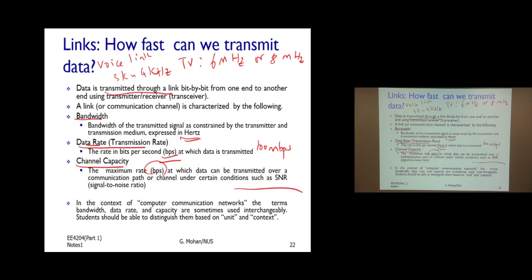Is that fine? Okay. Now, all the three terms are related to each other, because usually when the bandwidth is higher, the transmission rate is also higher. When you increase the bandwidth, you can also increase the transmission rate. So they have a relationship among themselves. So in this course context, the three terms are used interchangeably.